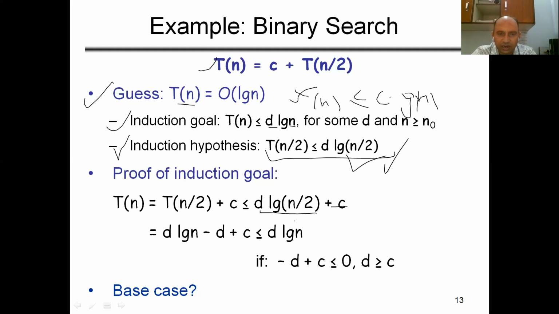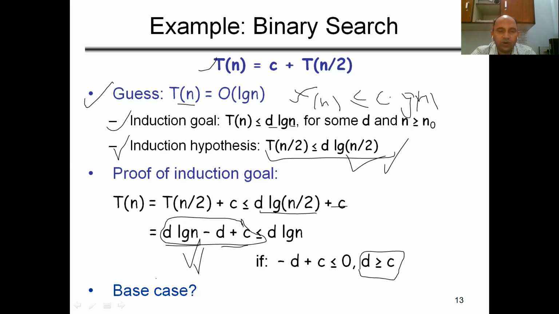After solving this relation, we find d log n minus d plus c. If minus d plus c is less than 0, then d must be greater than c. So if d is greater than or equal to c, then this value will be less than or equal to d log n.